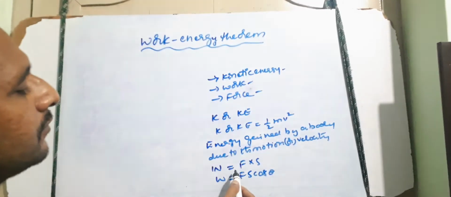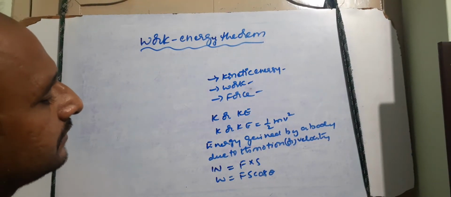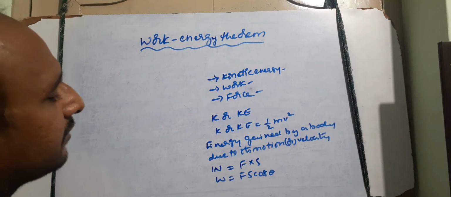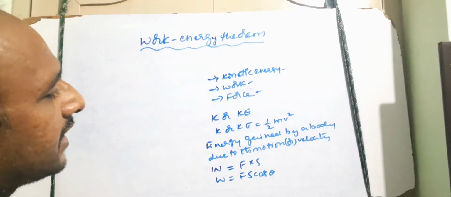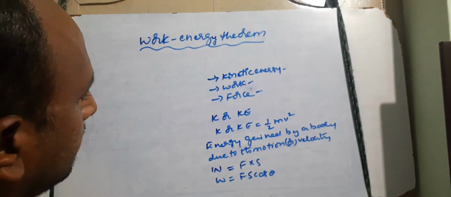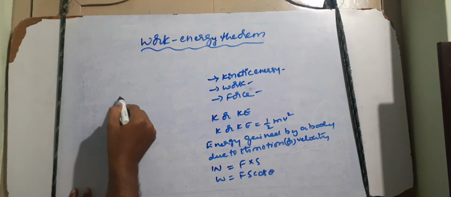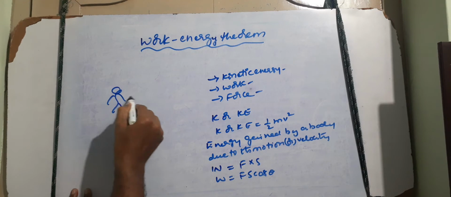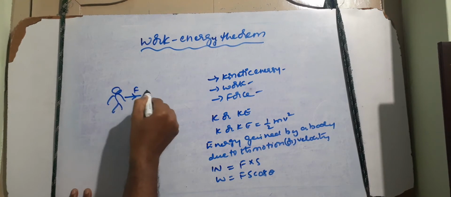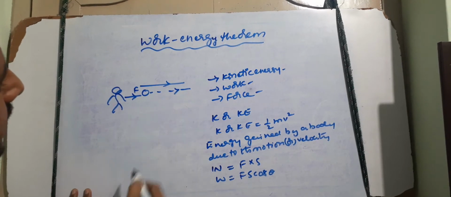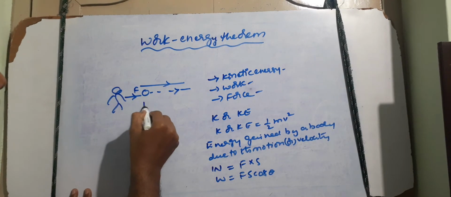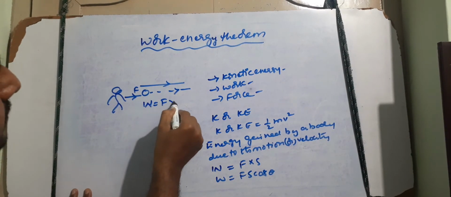When the body moves in the direction of applied force, the work done is given as F into S. That is, suppose you are applying a force on the body in this direction, and the body also moves in this direction, then work done on the body is W equals F into S.